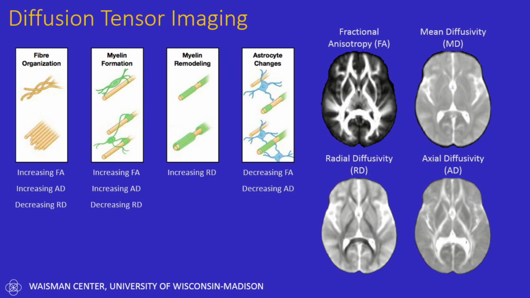For instance, changes in the way that the white matter fibers, those wires, are organized might lead to increased FA, but other changes in the white matter can lead to similar changes. So using DTI, we can't understand what processes are actually happening when we look at these measures.